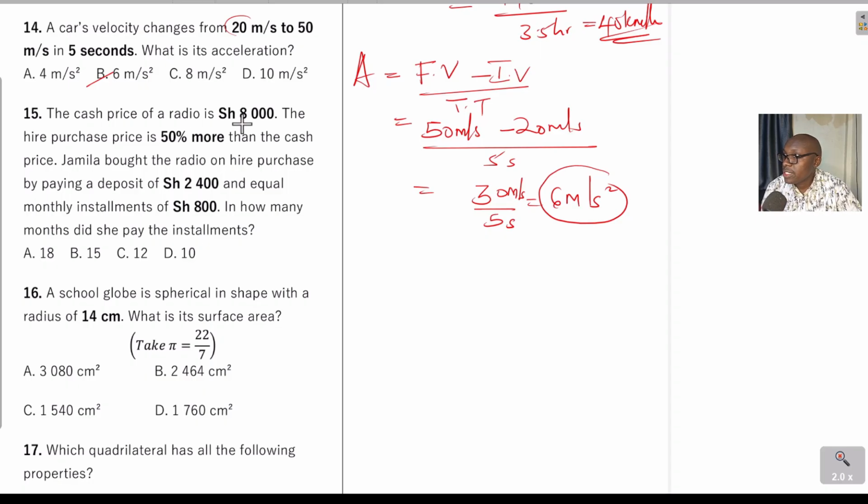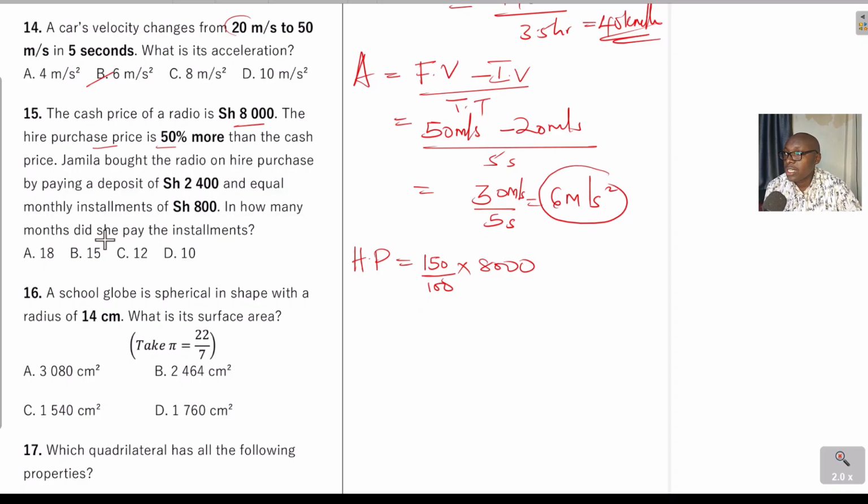So the cash price is 8,000, and the hire purchase is 50% more. So first thing, get the hire purchase. Because it is 50% more, it will be 150% of 8,000. Why 150%? Because initially, before the increase, 8,000 is equivalent to 100%.